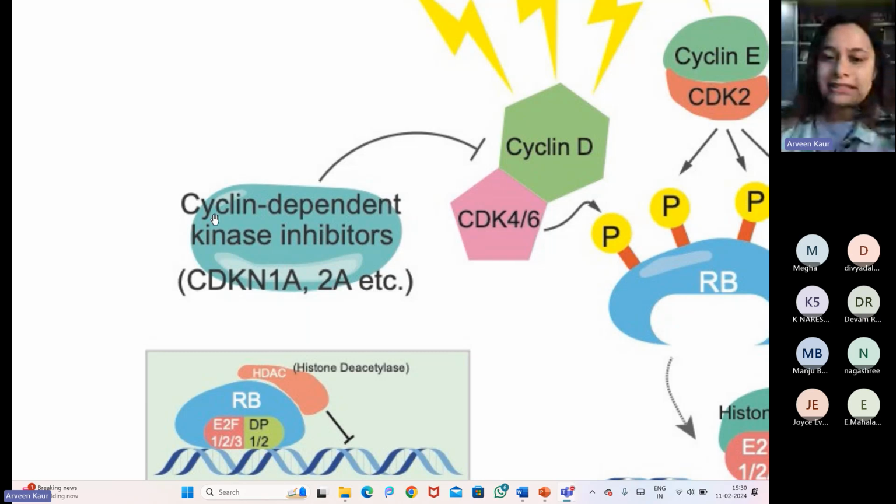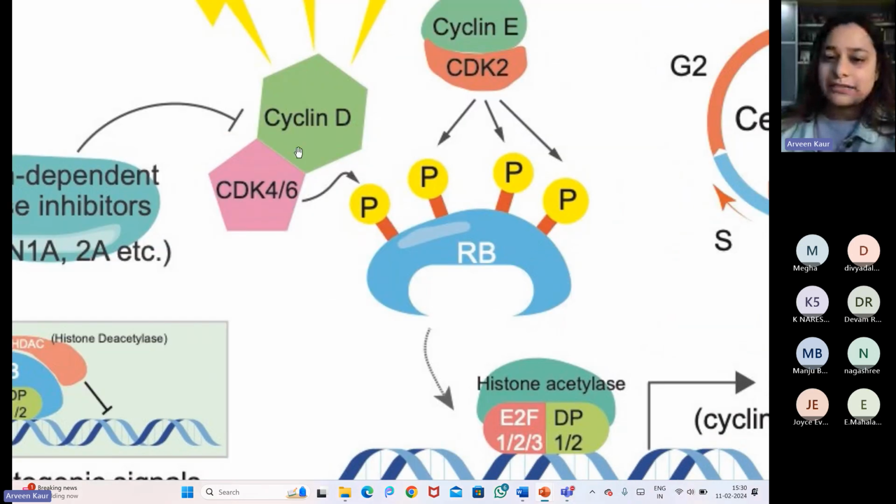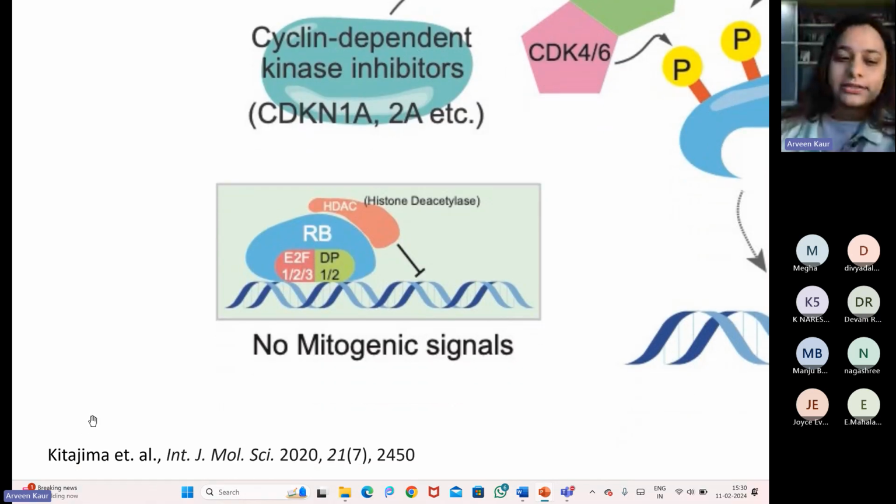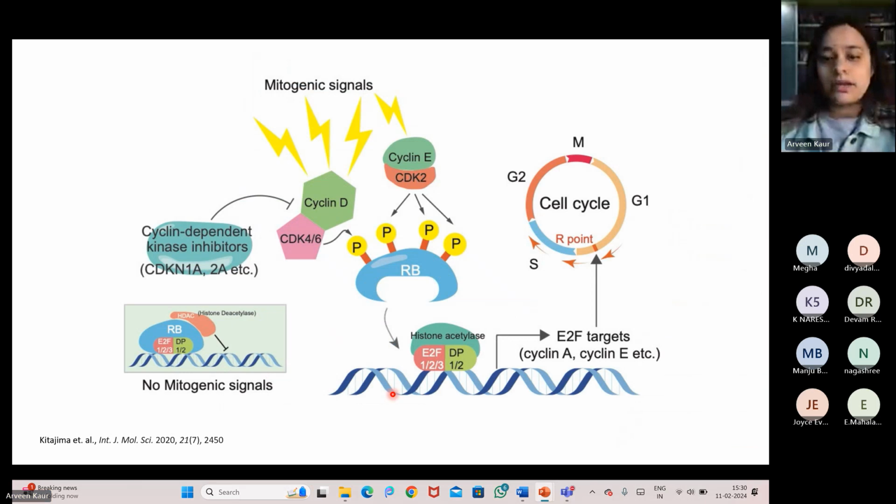Once CDKI is activated, it will bind to the cyclin CDK complex and not let the CDK perform its kinase activity. Once the kinase activity is inhibited, RB will not be phosphorylated and it will sit on these transcription factors, and the cell cycle will not progress, right? So I hope that is clear.